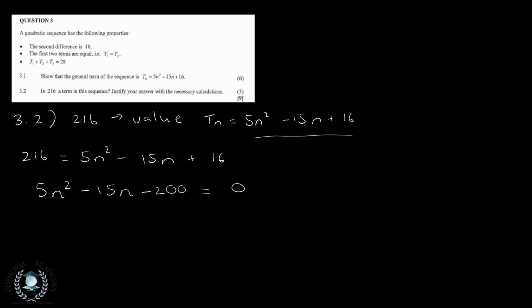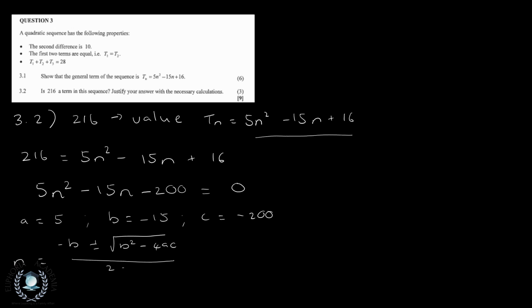Now we're going to substitute into our quadratic formula. Our a is equal to 5, our b is equal to minus 15, our c is equal to minus 200, and our n value will be equal to minus b plus or minus the square root of b squared minus 4ac, divided by 2a.